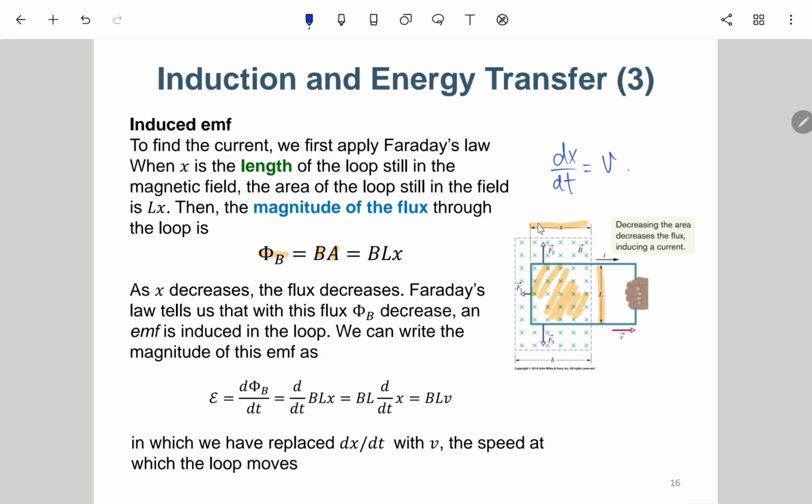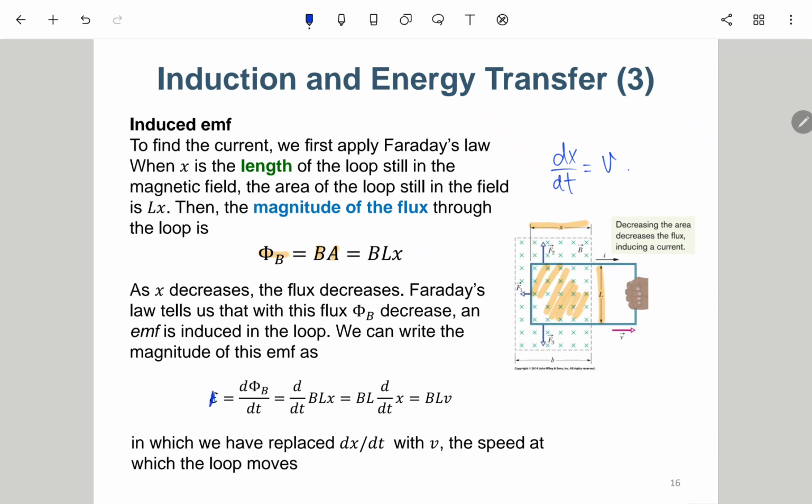So we have A equals L times x as the area of this part. Plugging this into Faraday's law, d phi B/dt equals d/dt of BLx. BL will be a constant, so we have BL dx/dt. dx/dt will be the velocity.